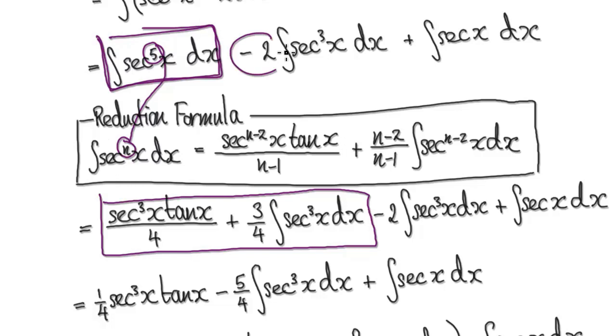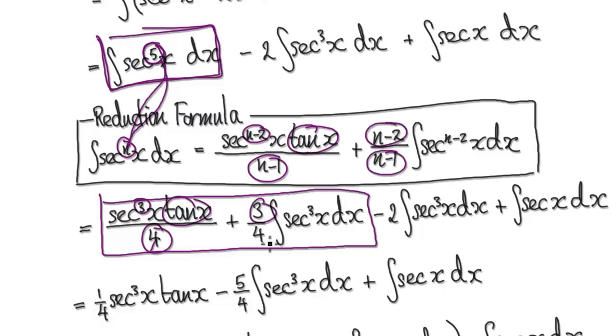So you've got your minus 2 here, minus 2, and so on. Because remember, 5 is n here. So it will be secant to the power of 5 take away 2, that would be 3. And then you've got your tan, 5 take away 1 would be 4.